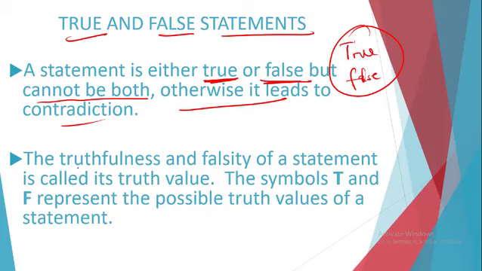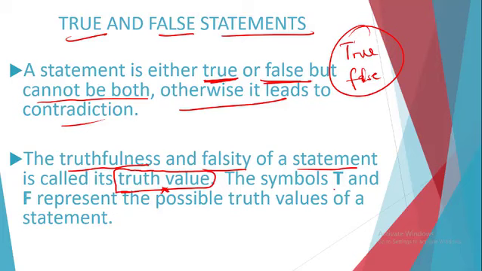The truthfulness and falsity of a statement is called truth value. Mark this word, truth value. So when you hear about truth value, it is the truthfulness and falsity of a statement.